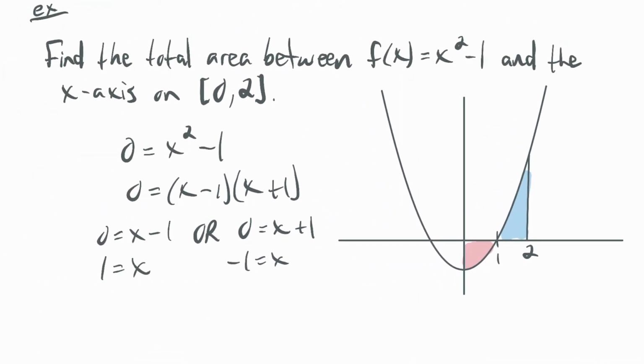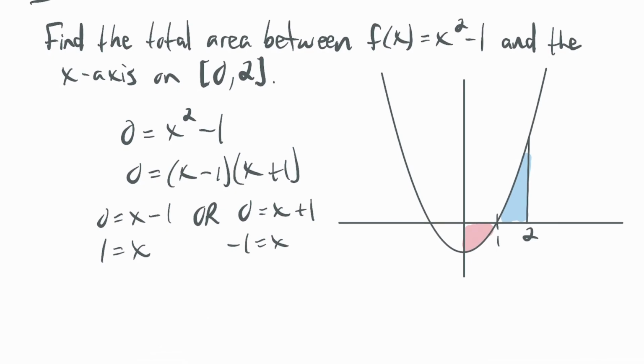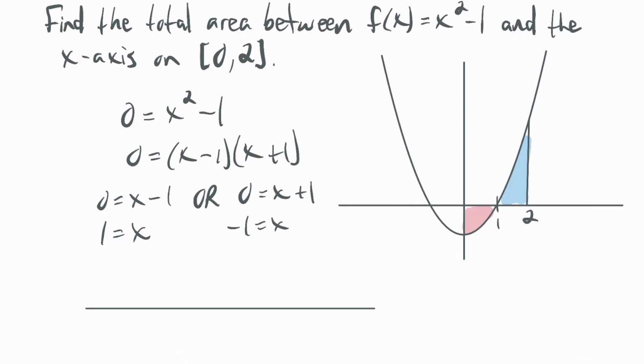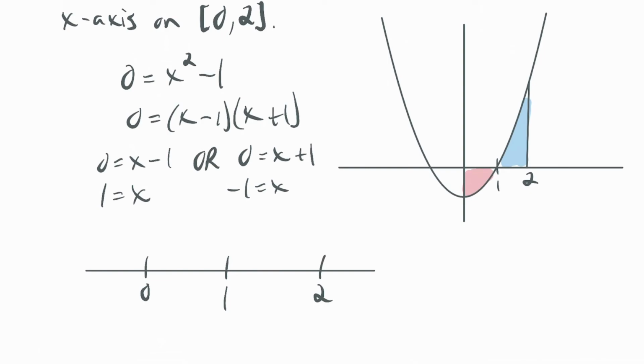If you didn't have the graph, how would you tell that? Well, what you can do is the following. This is a little bit reminiscent of the first derivative test. I can say, okay, I know that my interval is from 0 to 2, and I know I have an intercept at 1. So I can check the function value somewhere in between to tell whether or not the graph is above or below the axis.